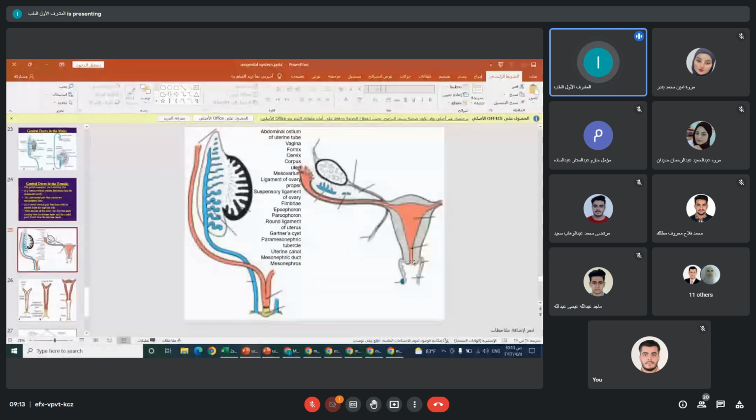Any question so far? Now we have finished the genital duct of the female, which originates from the paramesonephric duct, also called the Mullerian duct.